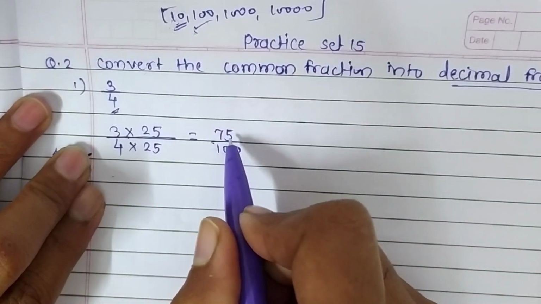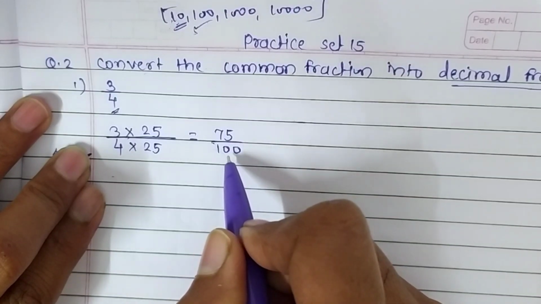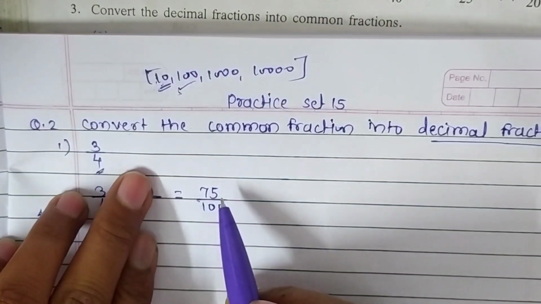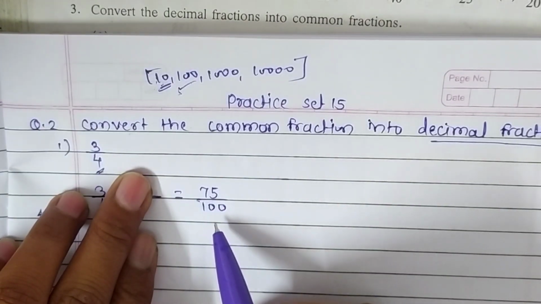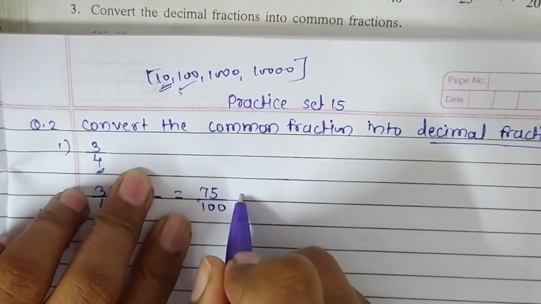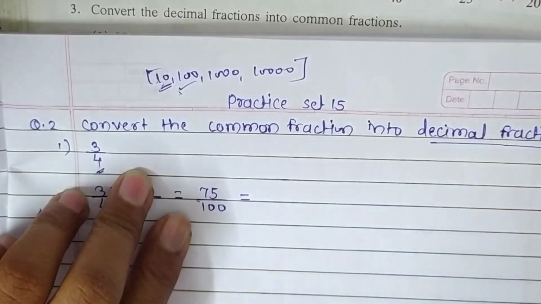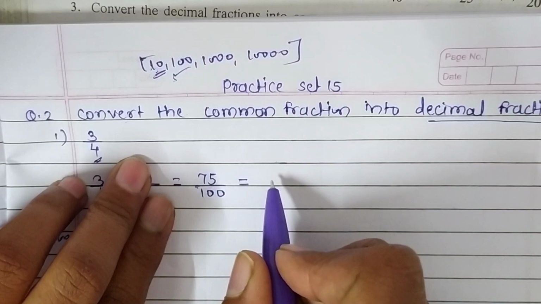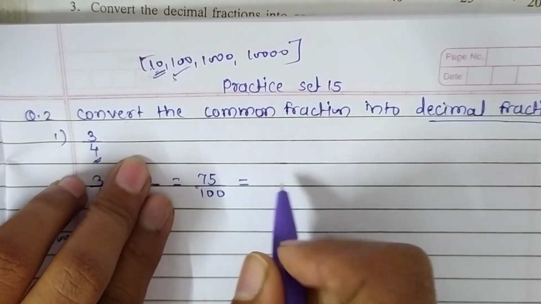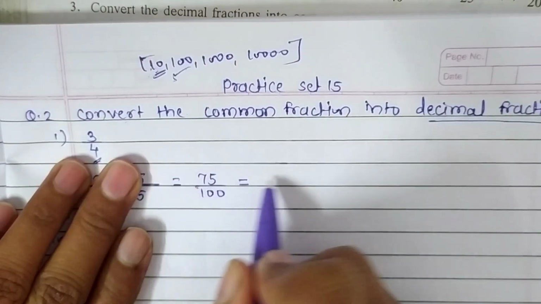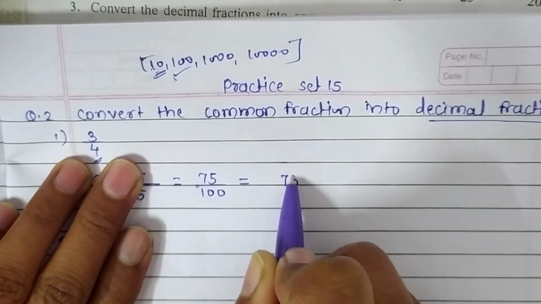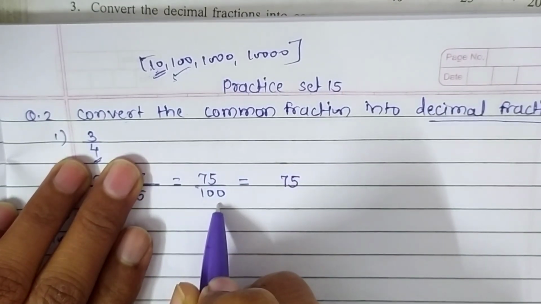Here we get the decimal fraction 75 upon 100. Let's convert it into a decimal point form. Write the numerator as it is and look at the denominator side.